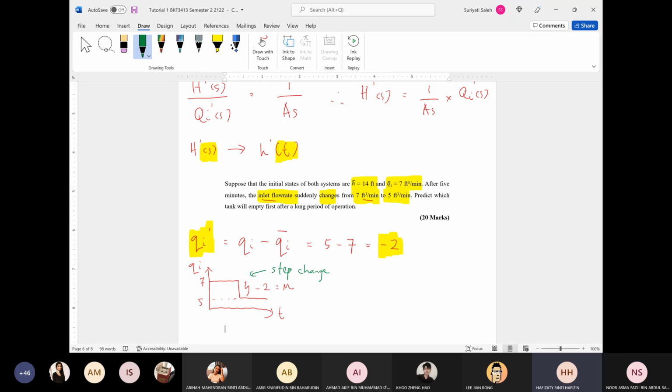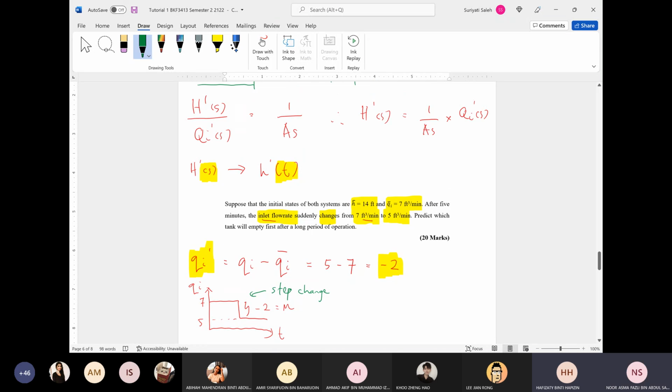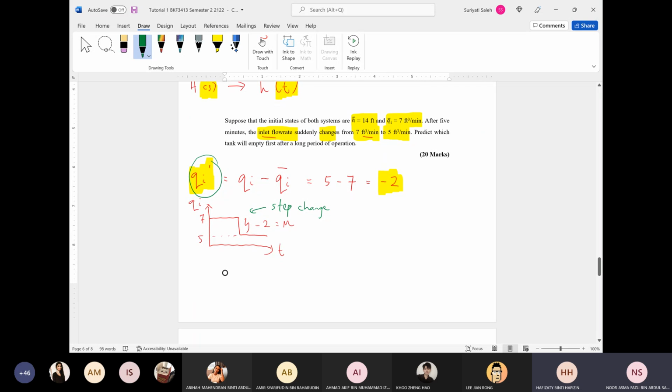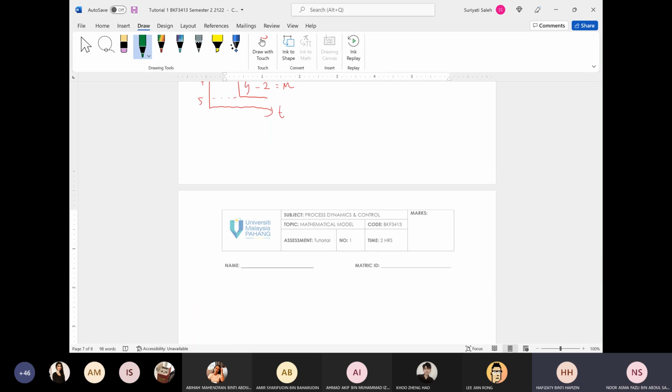So in this case, we have the QI prime equal to negative 2. Based on your equation, you have the QI. So meaning that the QI here cannot be straight away substituted inside the equation. You need to do the Laplace transform before you can do the substitution. Again, let me write it again.